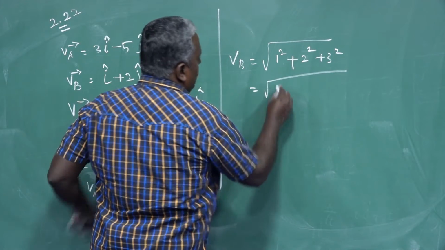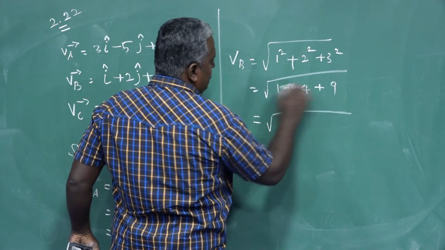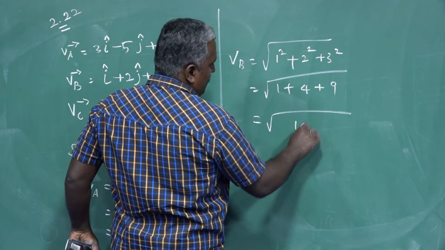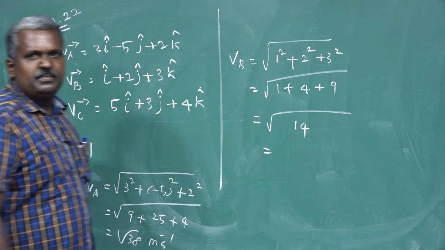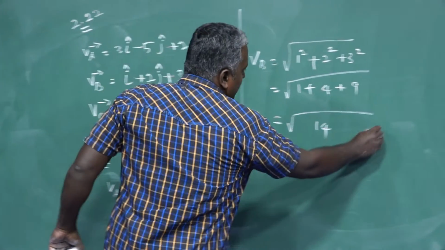So 1, 4 plus 9, 14. Root of 14 meter per second. Clear?